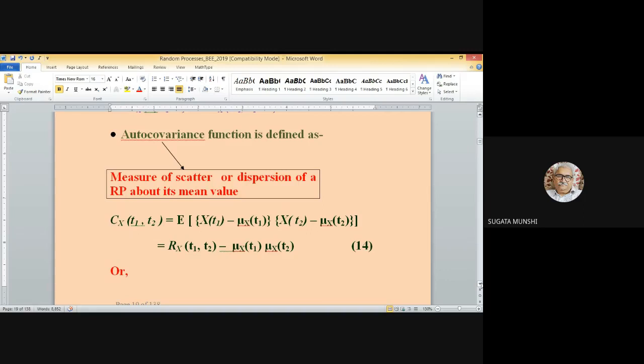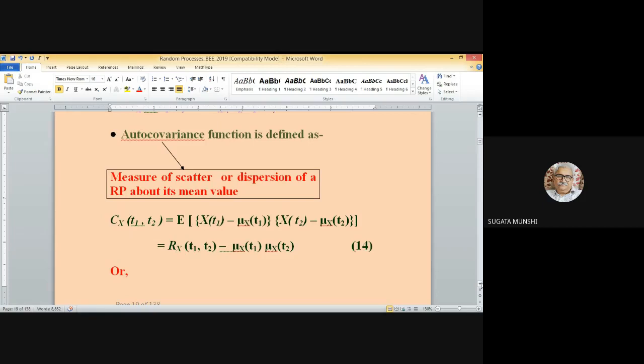The term auto comes in because we are concentrating our attention on a single random process. When we treat more than one random process, that means two random processes, then we will have the cross correlation function. Anyway, that's a different story.